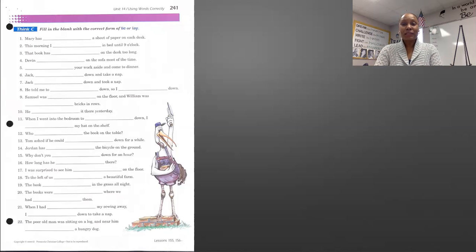So number 1 should say, Mary has laid a sheet of paper on each desk. Number 2, this morning I lay, L-A-Y, in bed until 9 o'clock. Number 3, that book has lain on the desk too long.